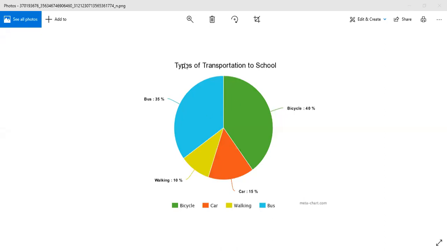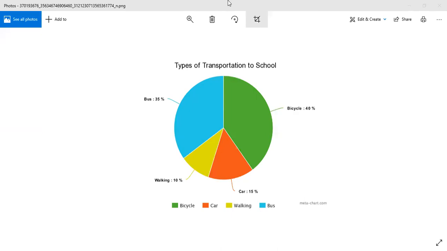The pie chart illustrates the percentage of types of transportation used by the students to go to their school. Firstly, we can see 4 types of transport systems. Bicycle is denoted by the color green, car is denoted by the color orange, walking is denoted by the color yellow, and bus is denoted by the color blue.